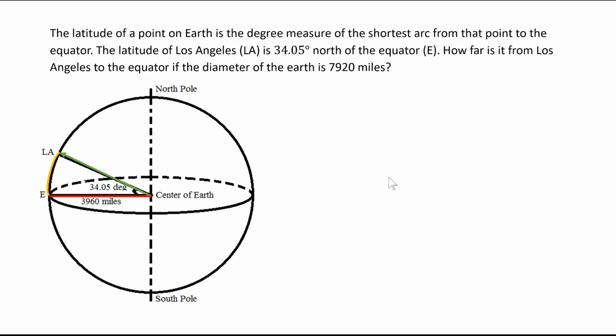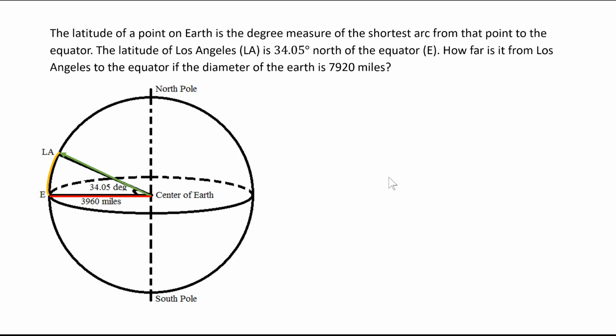And up till now, the way you have found arc length is to think about it as a fraction of the total circumference of the circle. So when I'm looking at that arc length, I'm thinking, okay, well, the circumference of a circle is 2 pi r, and I'm dealing with just 34.05 degrees of the whole 360.